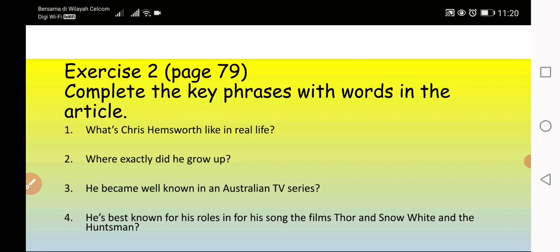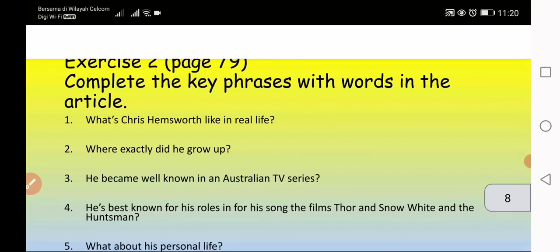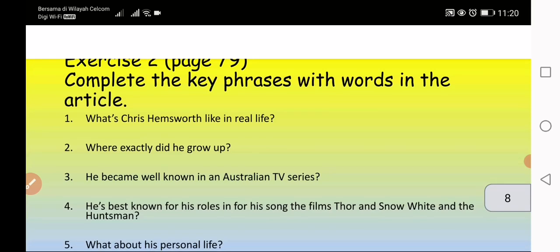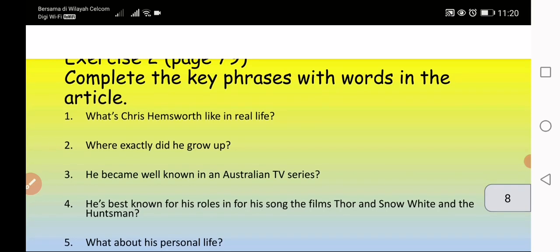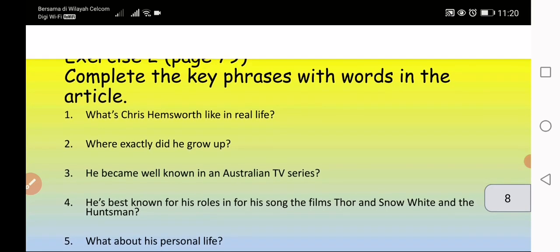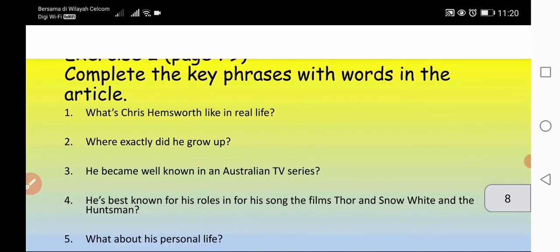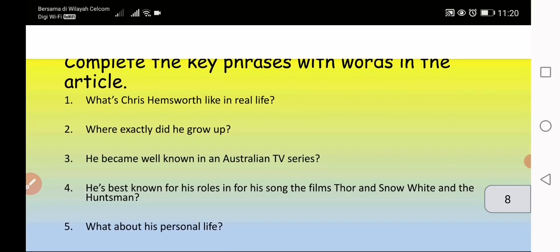So this is for you to read and to understand how you are supposed to ask and respond to questions. For example, the text in page 79, it is about Chris Hemsworth, right? Okay, cikgu dah bagi contoh kan? I give you an example here. Okay.